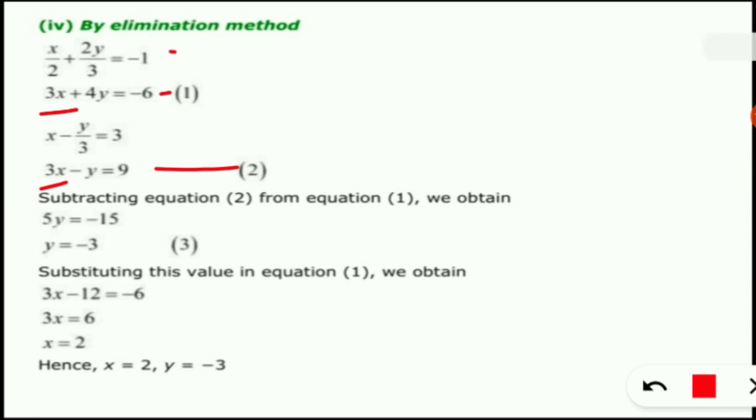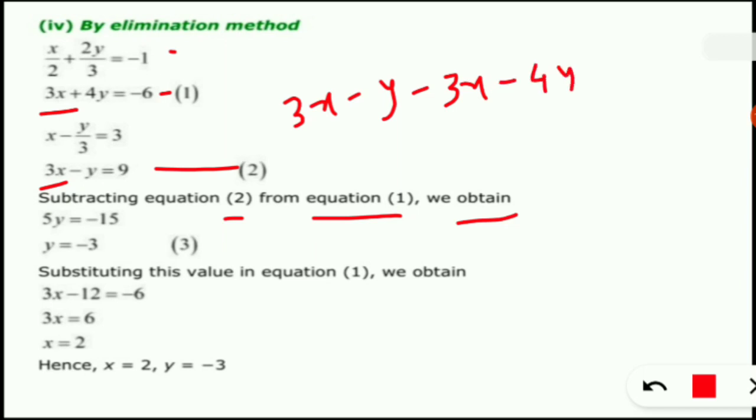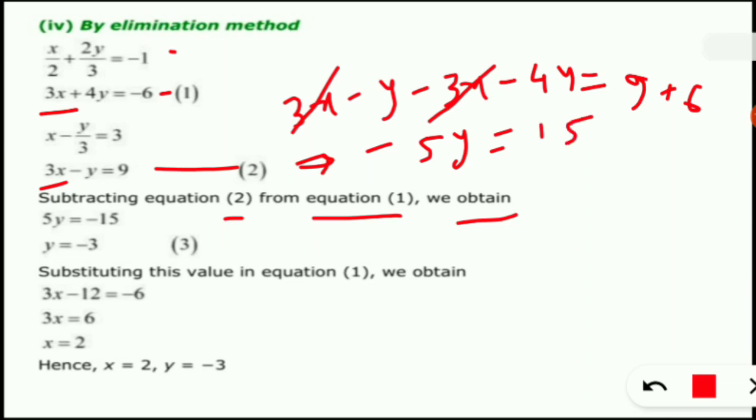So subtracting equation 2 from equation 1, we obtain 3x minus 3x, which cancels, and minus y minus 4y, that is minus 5y, equals 9 minus minus 6, that is plus 6, so 9 plus 6 is 15.